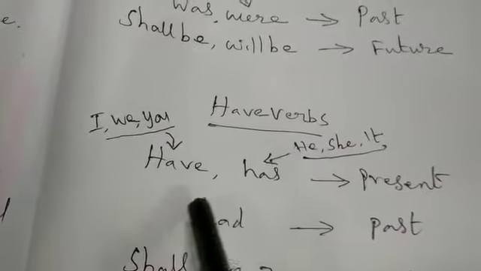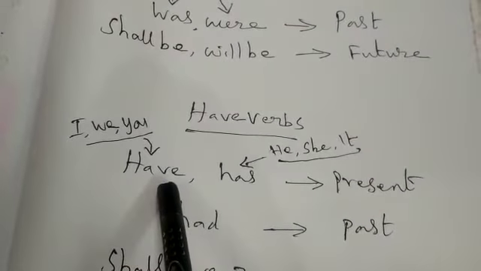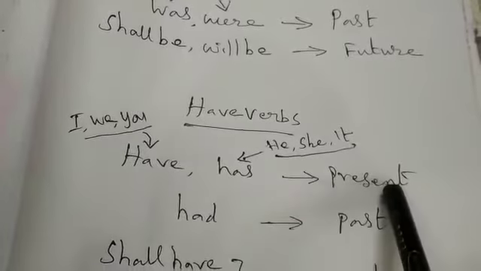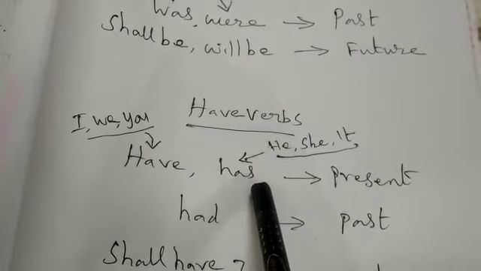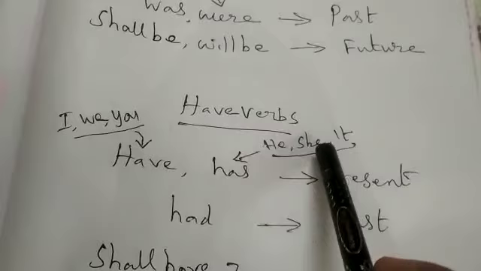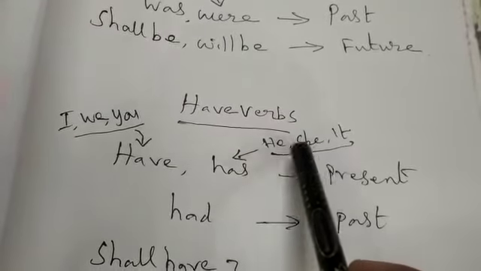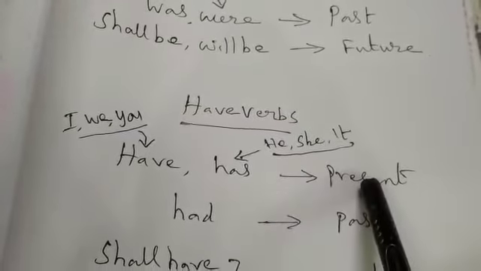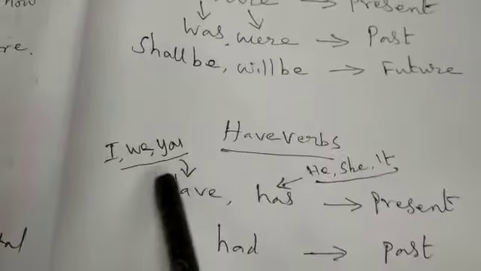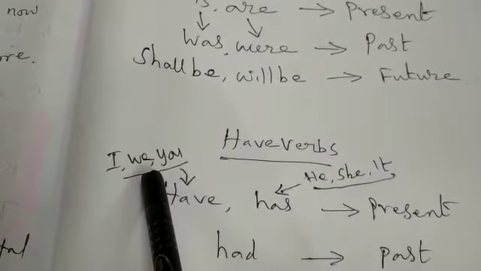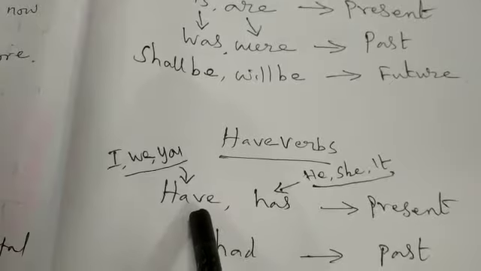At the same time, here you find two verbs in the present, have and has. If you find a singular subject in the given sentence, you have to use has in the present tense. If you find plural as a subject, you must use have.